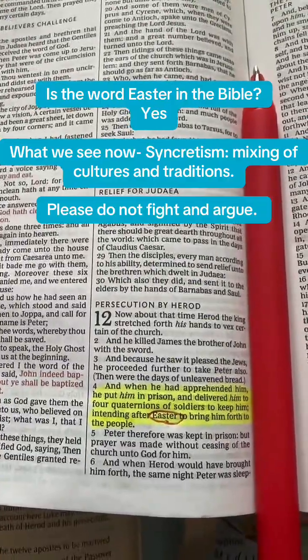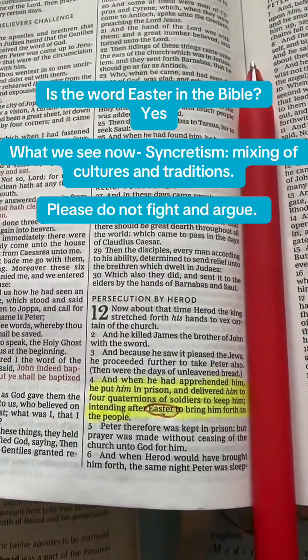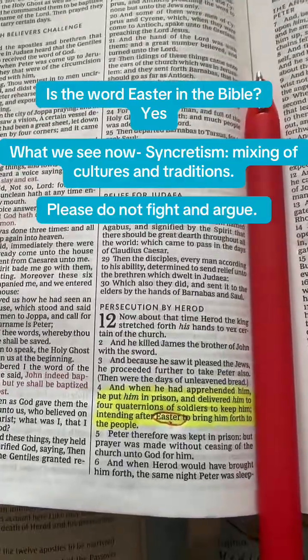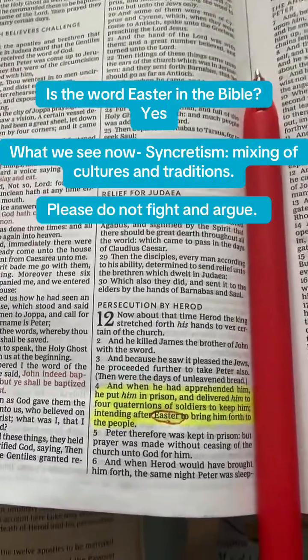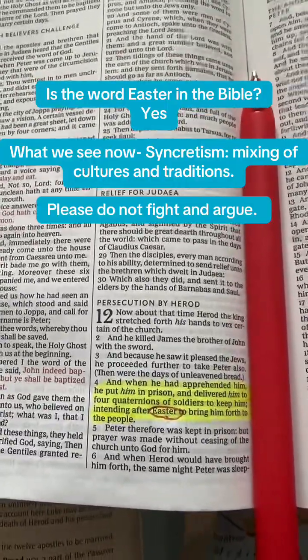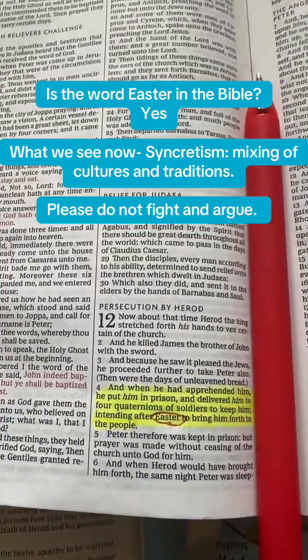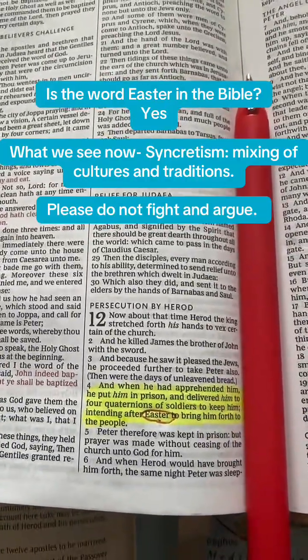Transliteration is something that is carrying the sound of the original word into English. An example of transliteration would be like Jesus, transliterated into Jesus, something like that.